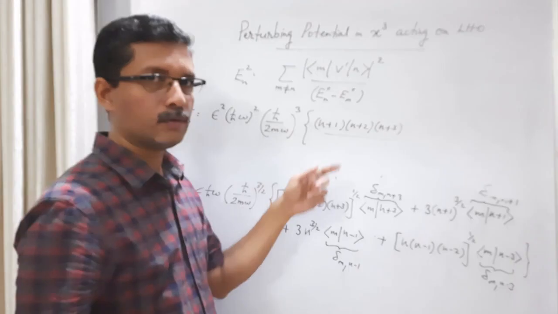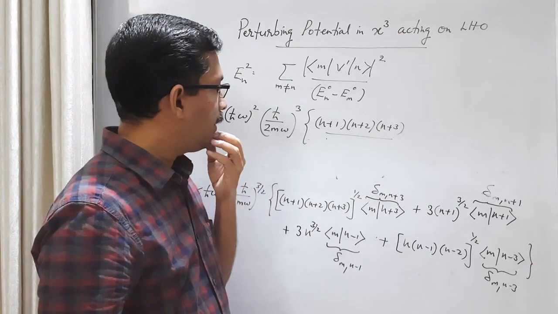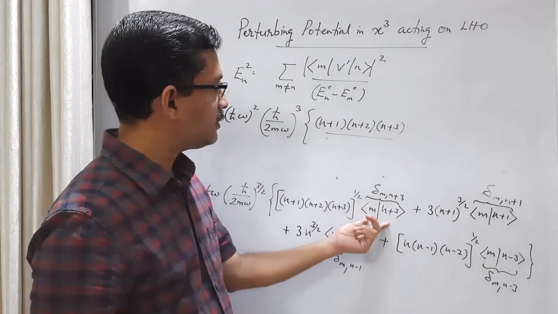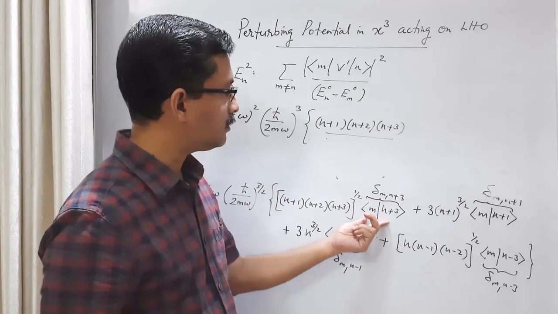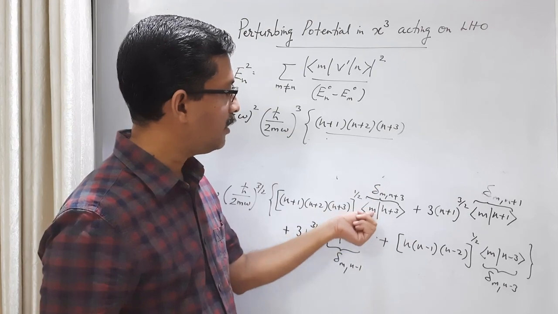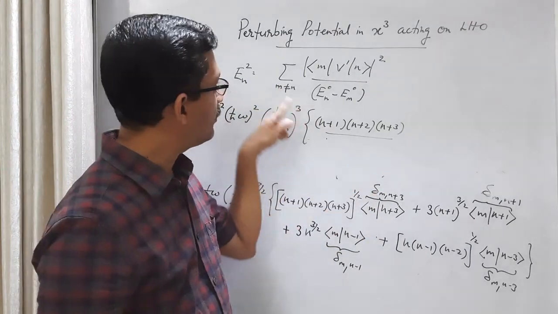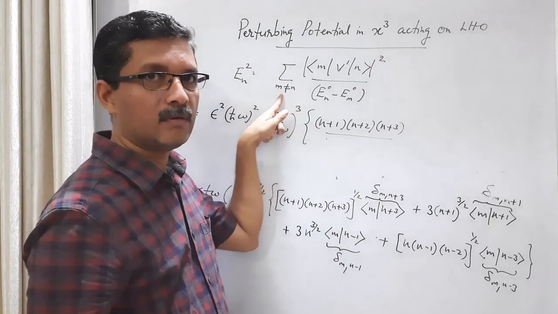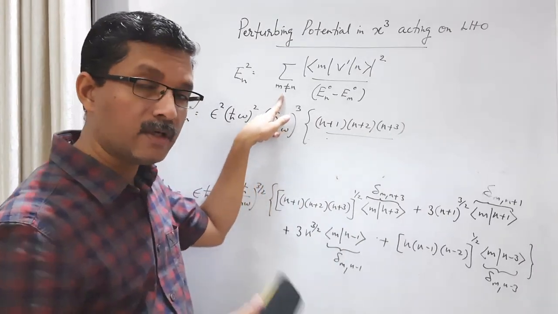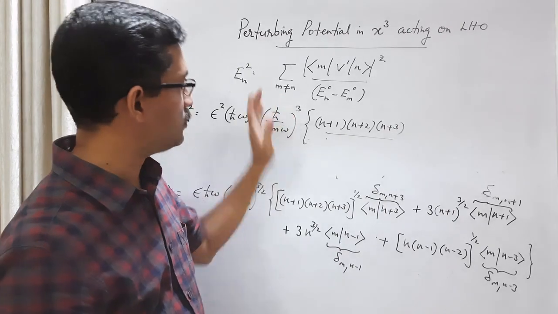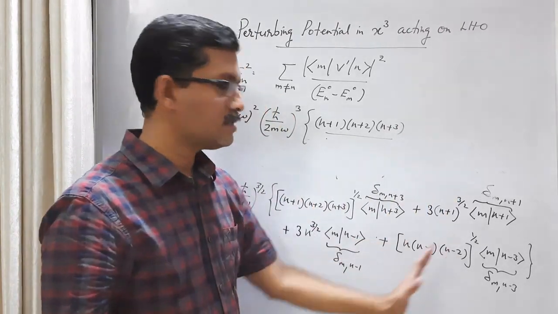Raised to half will go to this one, divided by, and remember that this inner product will be of this form, that is, this summation should yield only the non-zero term from this summation. Actually there are 4 summations, 4 series are there.